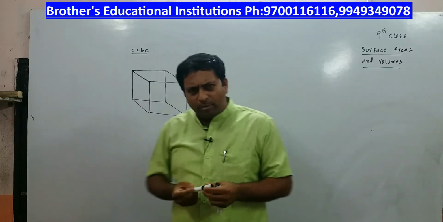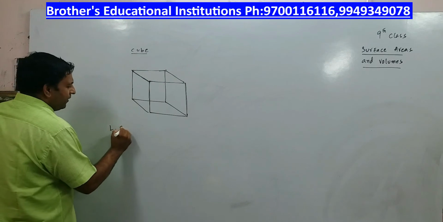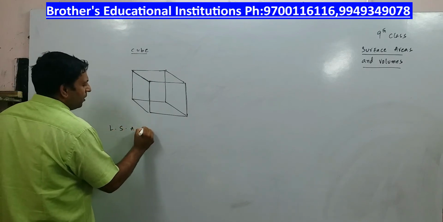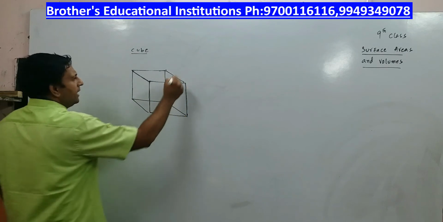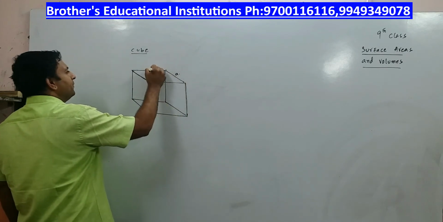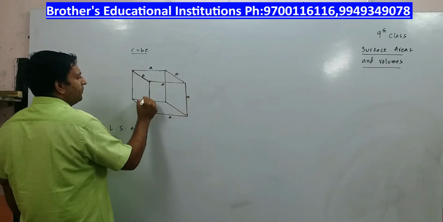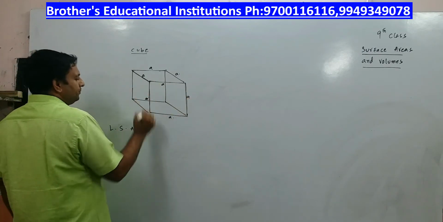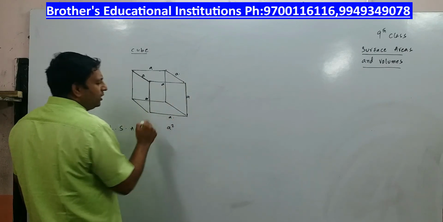So let me write the formula for you. The lateral surface area of a cube is given as, see, if a is the side, everywhere the sides are equal because it is a square, right? So the area of a square is what? a into a, a square.